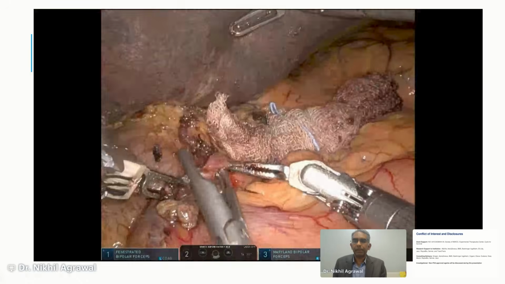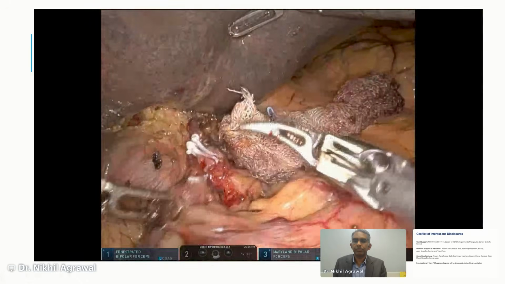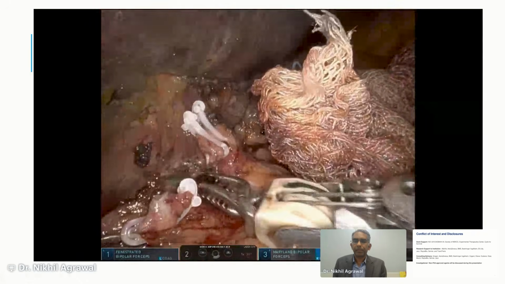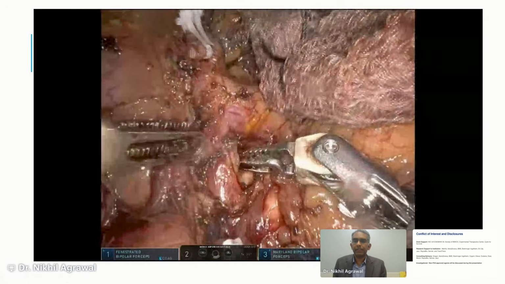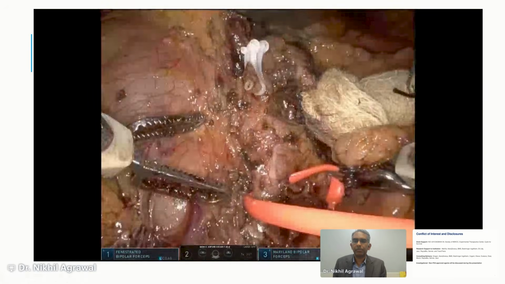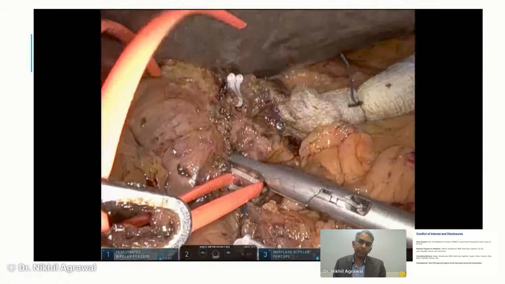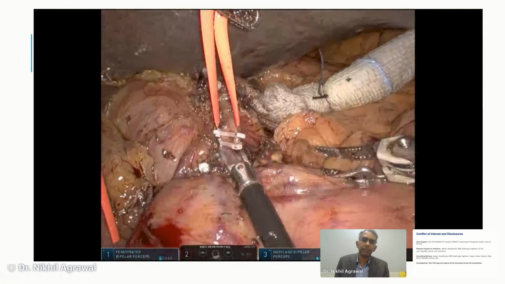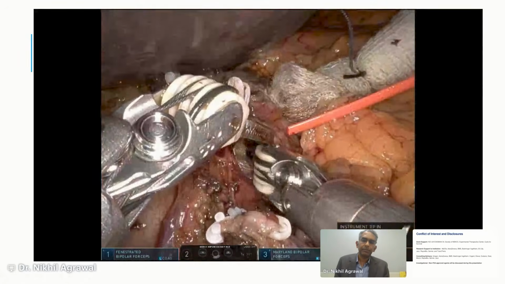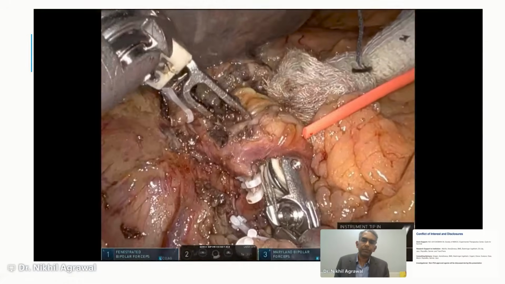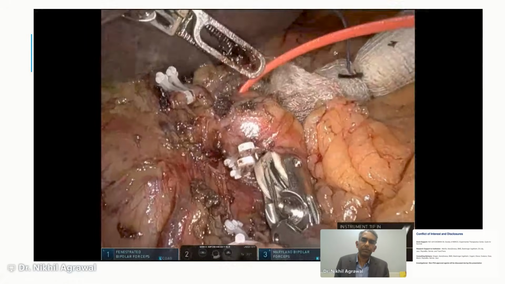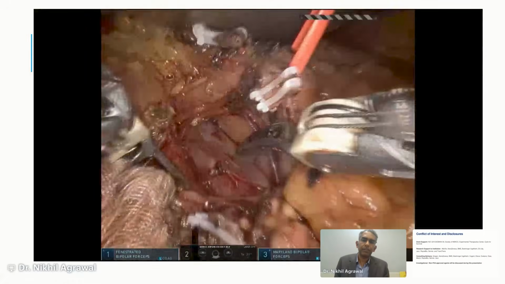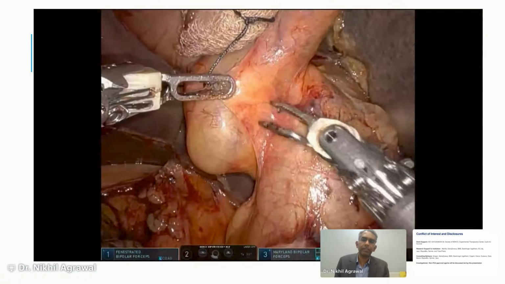This is the right hepatic artery, which we have to clip and divide, and then this is the gastroduodenal artery. The clipping and division of the gastroduodenal artery is a very important step in the Whipple procedure. And we are looping that. We can see the portal vein here.